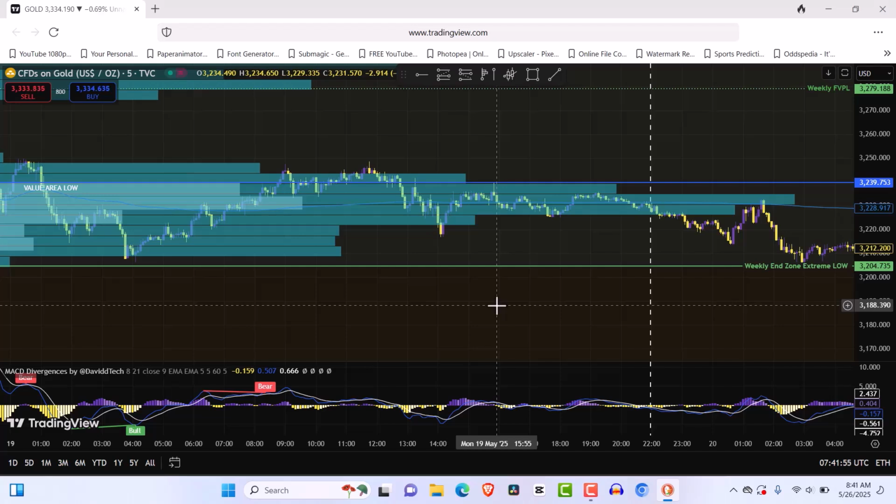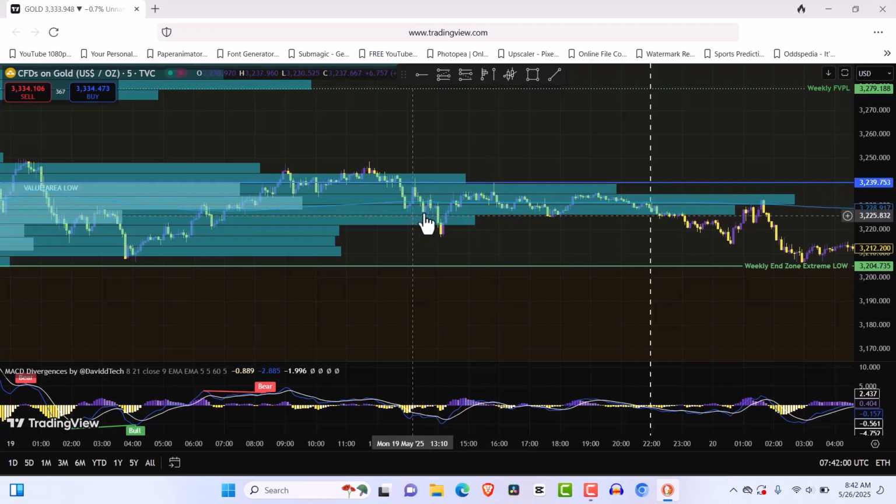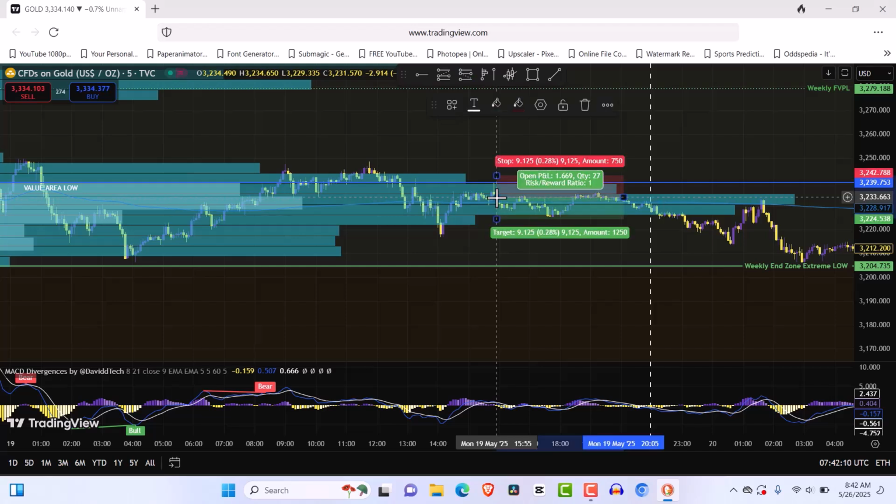Okay, this is also an A trade, so you have the push up, weekly VWAP, you broke back down, you take your trade after the cross, which happened here, your stop loss just above the high.